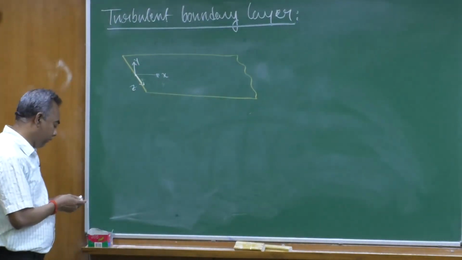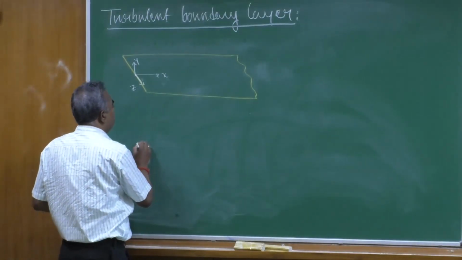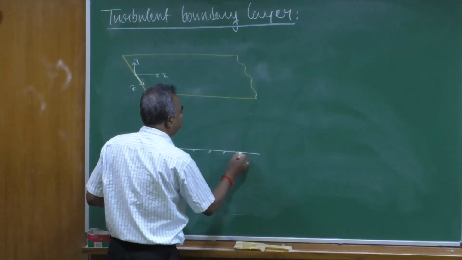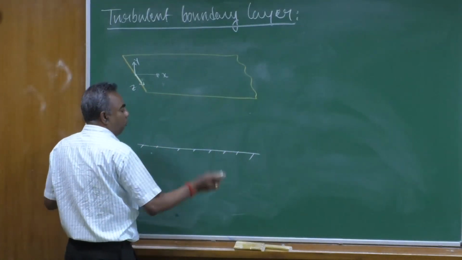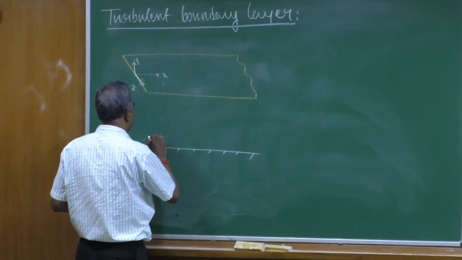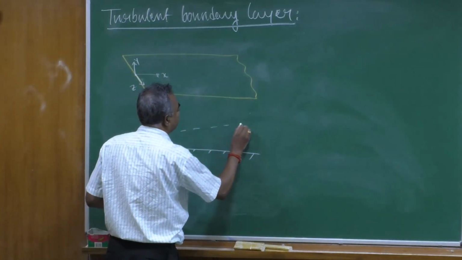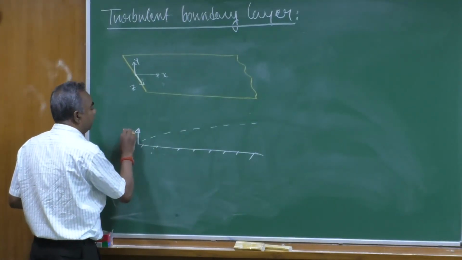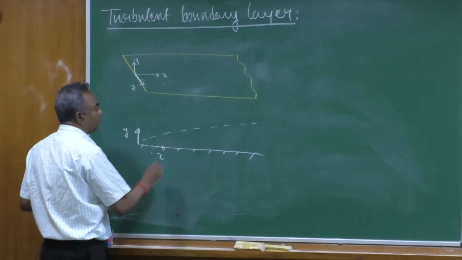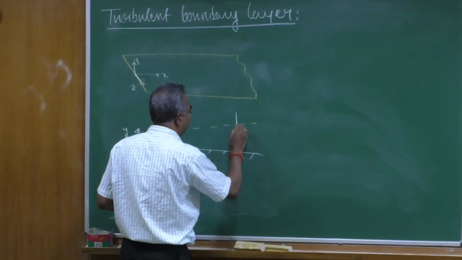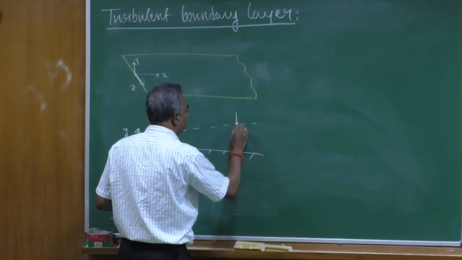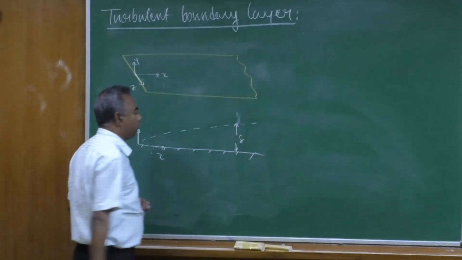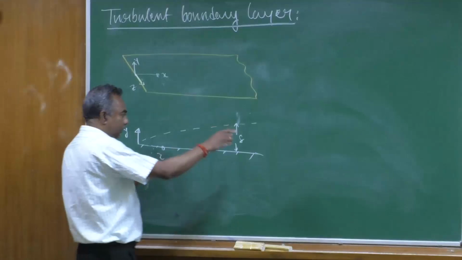Okay. And if we draw the two dimensional view of this particular plate here, then this is our plate. And when there is a flow over this plate, there will be one boundary layer like this. Now, in this particular case, y is this, x is in this direction, and this particular height is designated by delta, which you can see increases.